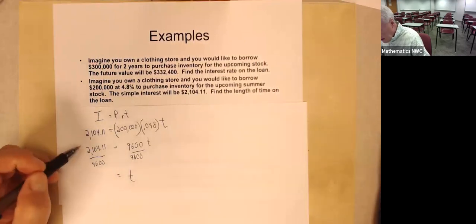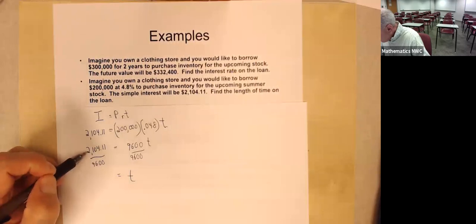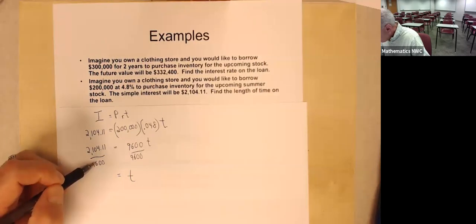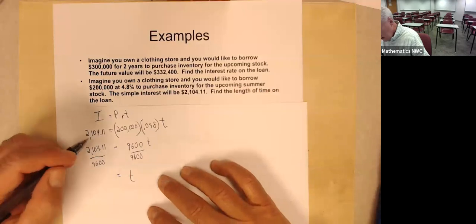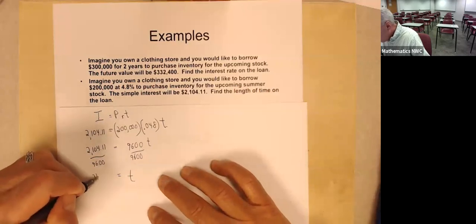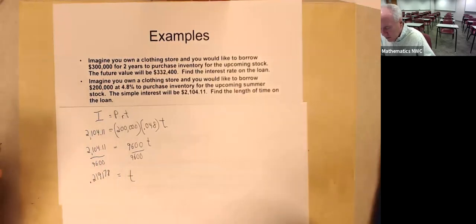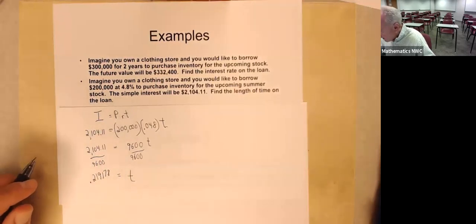So if I do that, 2,104.11 divided by 9,600, I end up with 0.219178. It seems like an unusual answer, but it's correct.